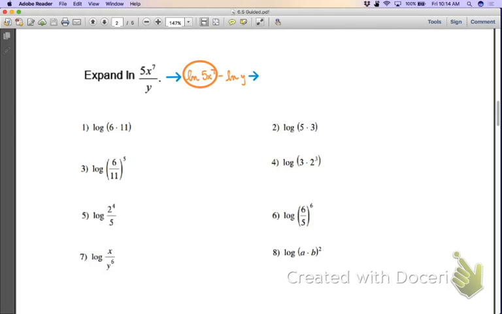So of what's circled, I separate it as the natural log of 5 plus the natural log of x to the 7th. What was in the circle is now in the box. That minus the natural log of y, nothing's going to change. That one is completely finished. It's just along for the ride, because there's no exponent and nothing getting multiplied with it.